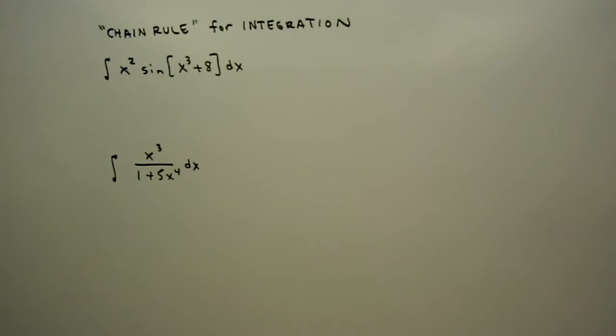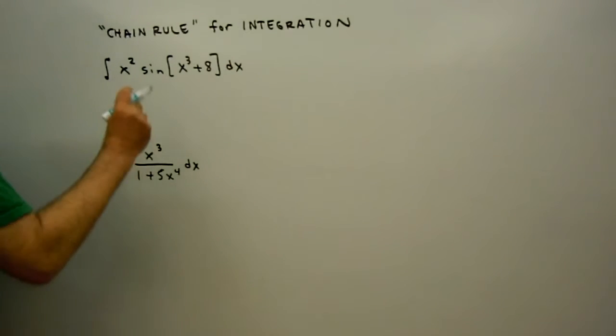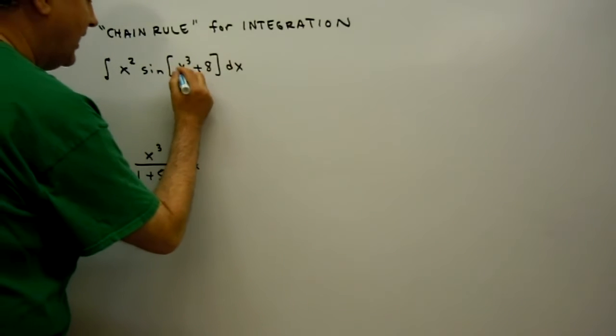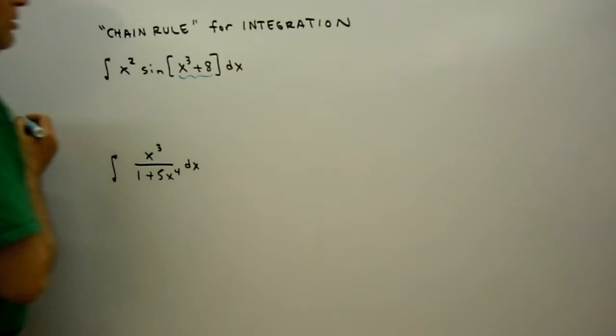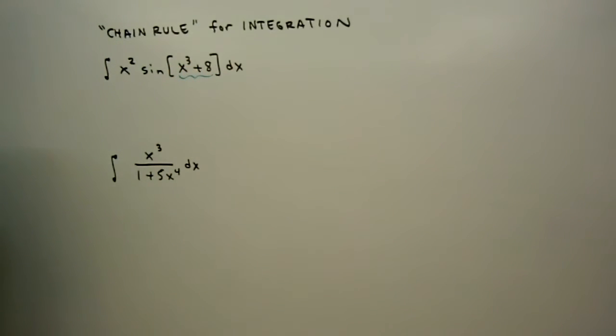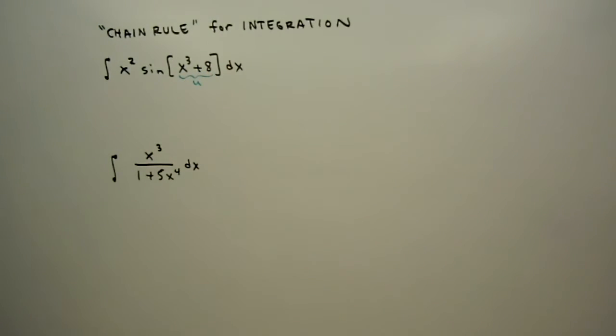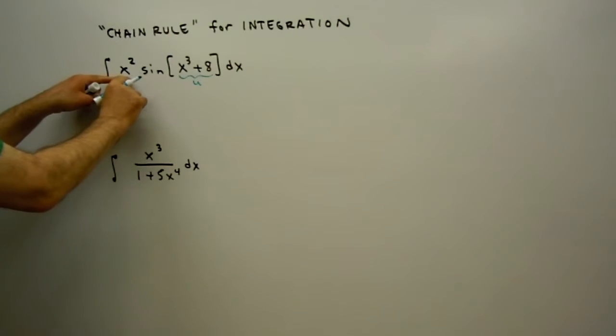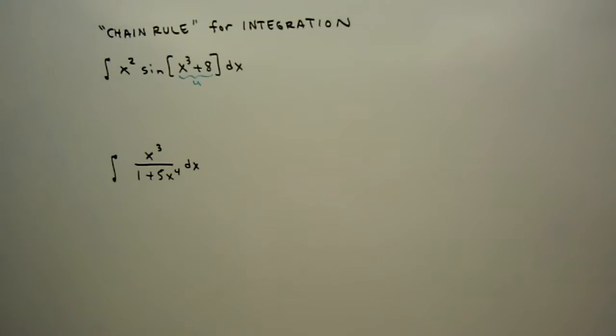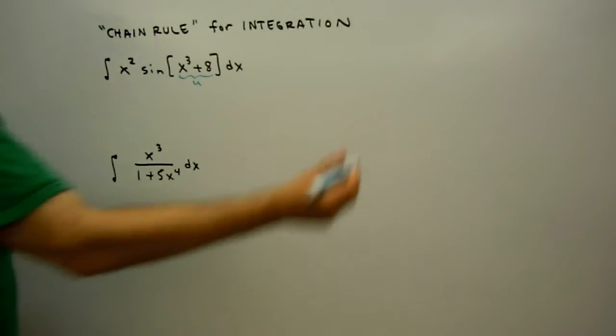Remember that we're doing the chain rule for integration. The idea here is we have a composite function, sine of x to the third plus 8, and we call that u for short. And we want to create the proper du on the outside of the sine.